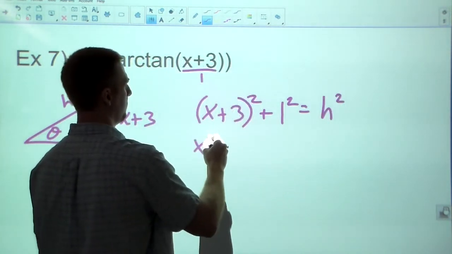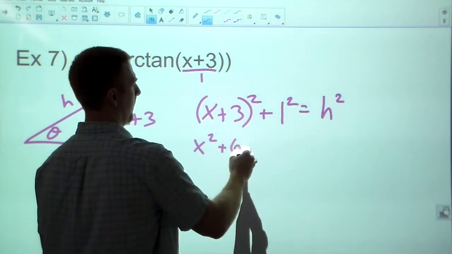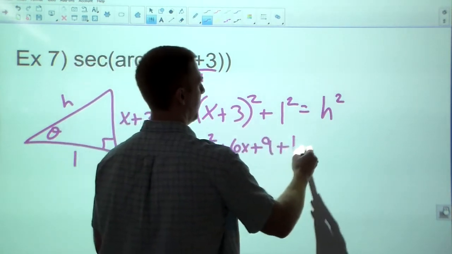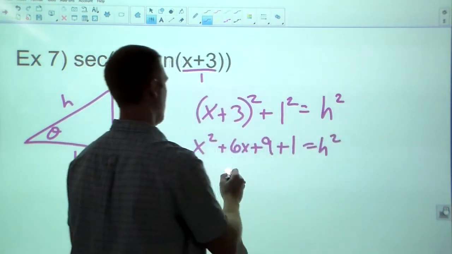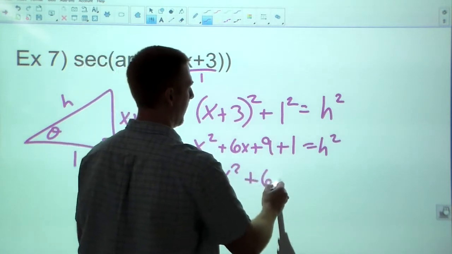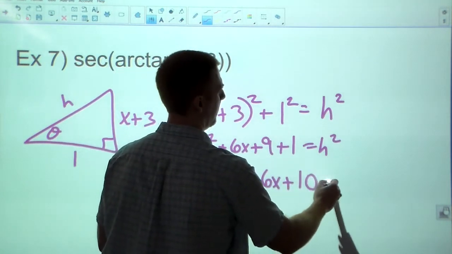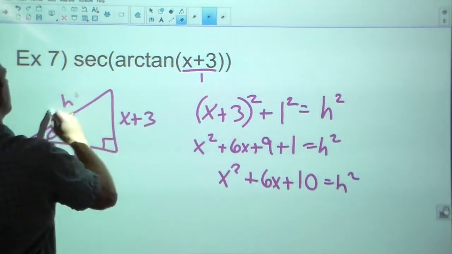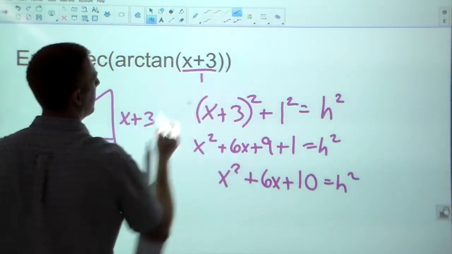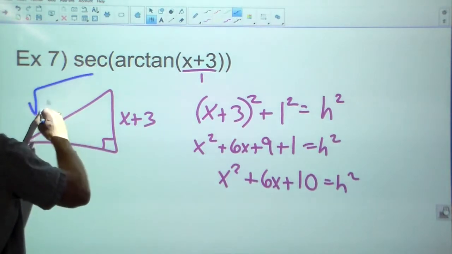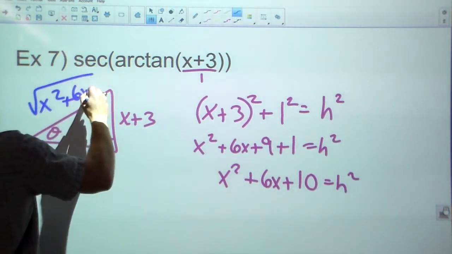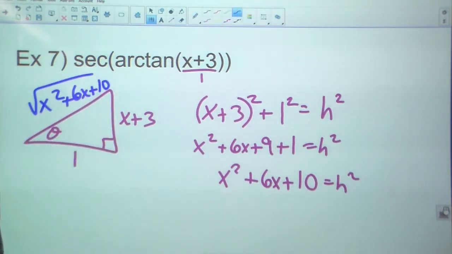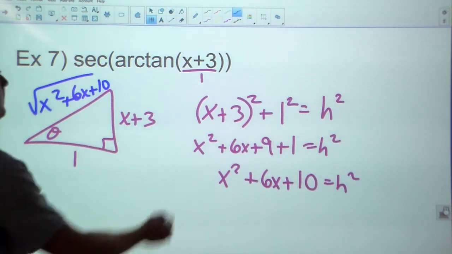All right, x squared plus 6x plus 9 plus 1 is hypotenuse squared. x squared plus 6x plus 10 is my hypotenuse squared. So this side right here, I erase h and replace it. It's going to be square root x squared plus 6x plus 10. Kind of awkward, but that's what it comes out to be.